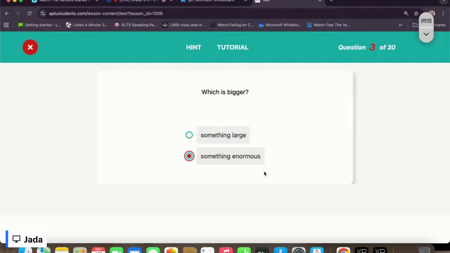All right, so something enormous. So, which is more likely to happen? Something probable or something possible? Which is more likely to happen?